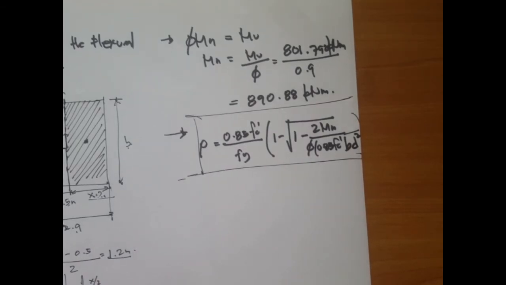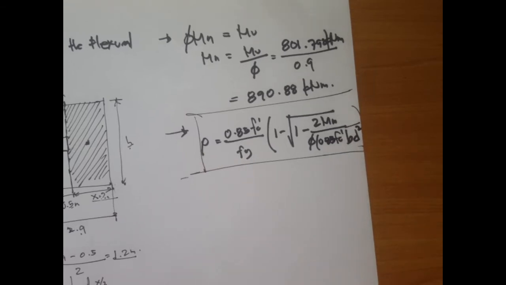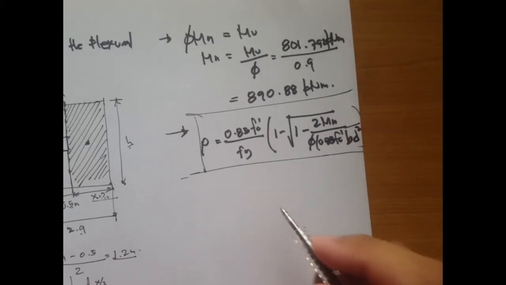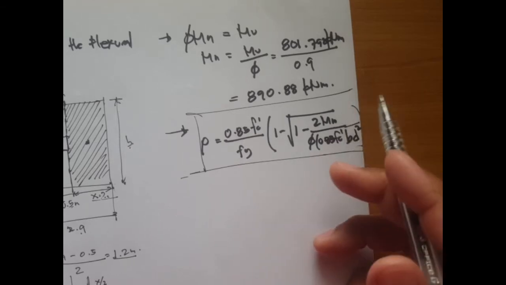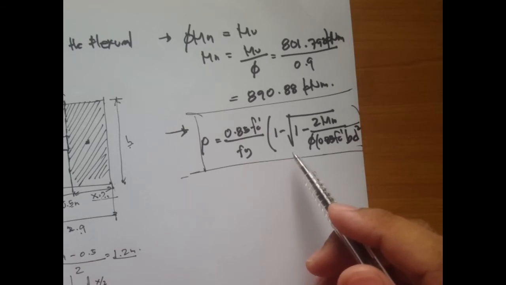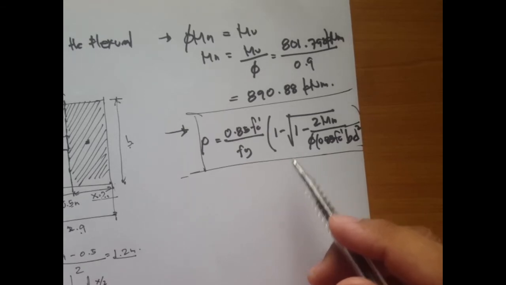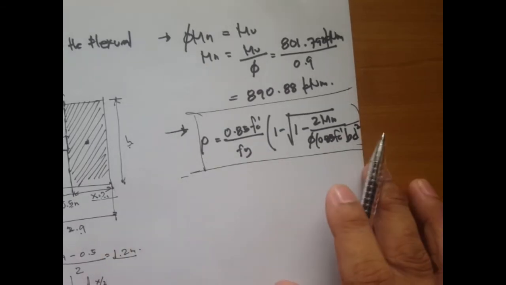In singly reinforced beams, we didn't actually use this in solving analysis problems. This one comes into play when you're dealing with design problems, meaning you're given the loads, and then what should be the geometry or the steel area. For our case, we have the geometry, but the steel area and how many bars we need to put in there, that's what we're trying to solve.